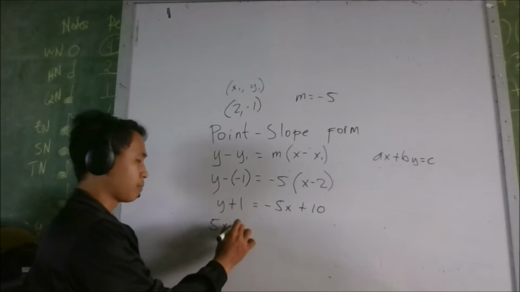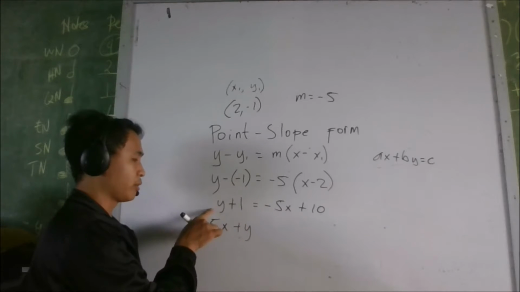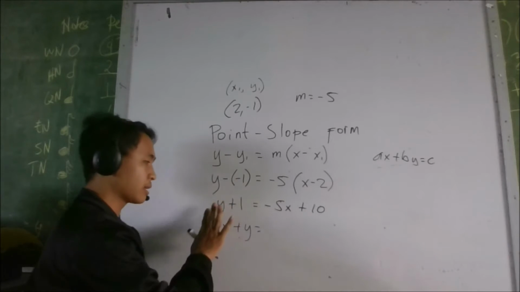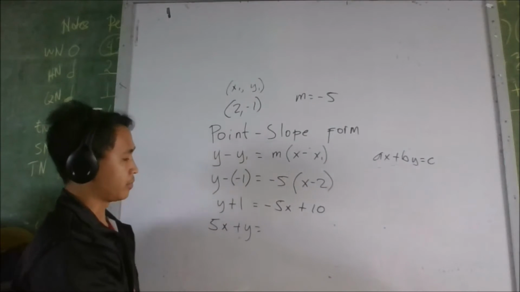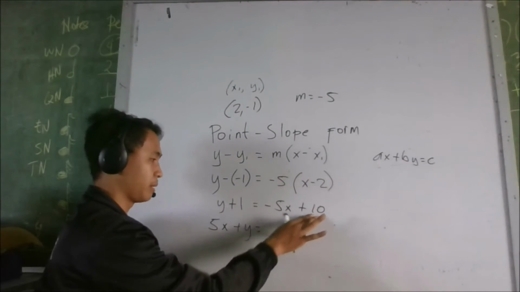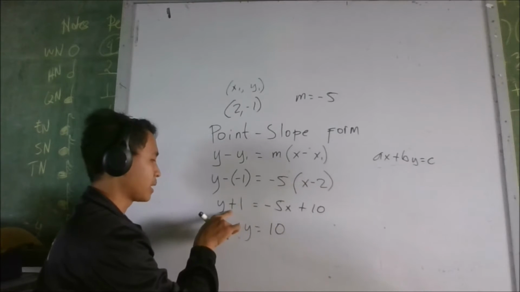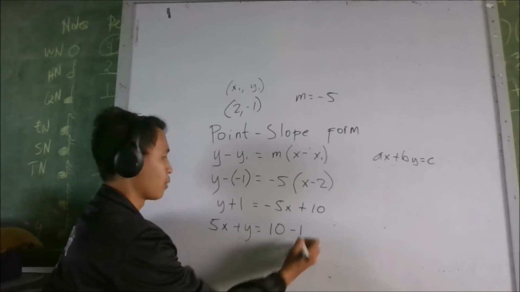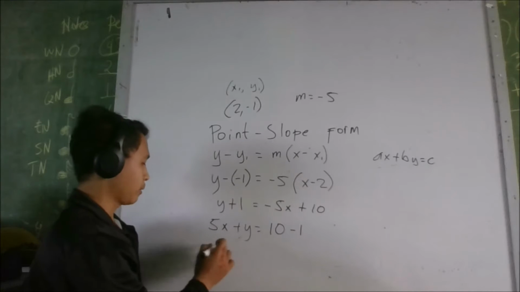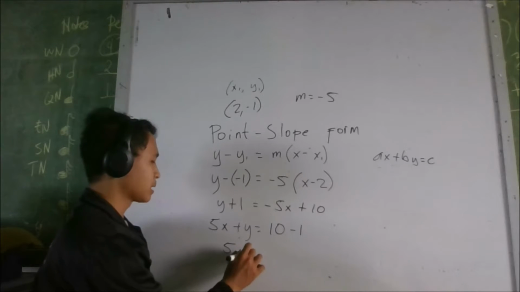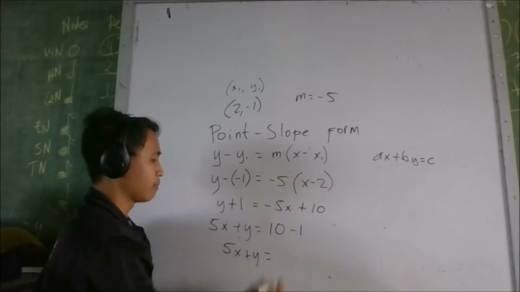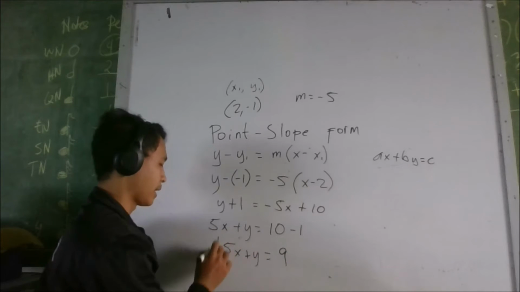Okay? And that is plus y, kasi positive yung y. And lahat ng constant transpose to the right side, or yeah, to the other side. So that would be positive 10. Then from positive, magiging negative 1. Okay? So that would be 5x plus y equals 10 minus 1 is equal to 9. So there you have it.